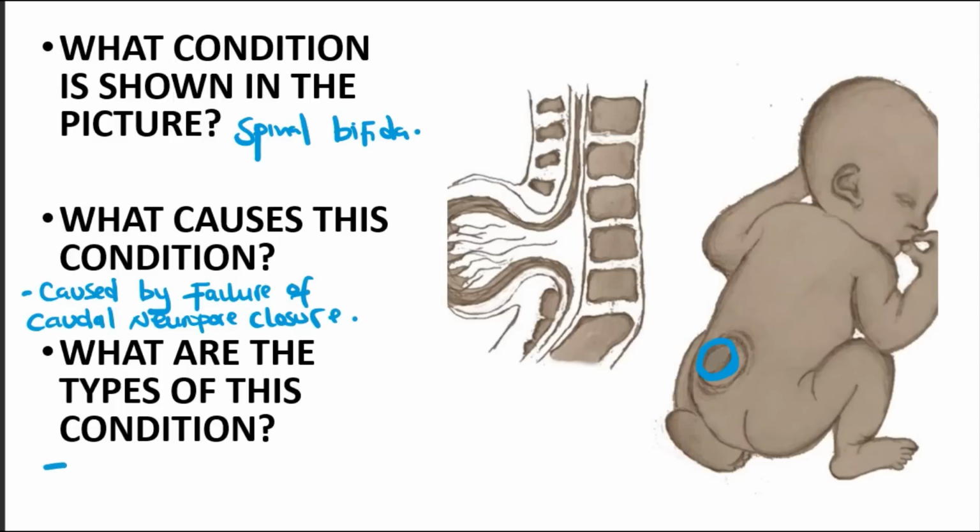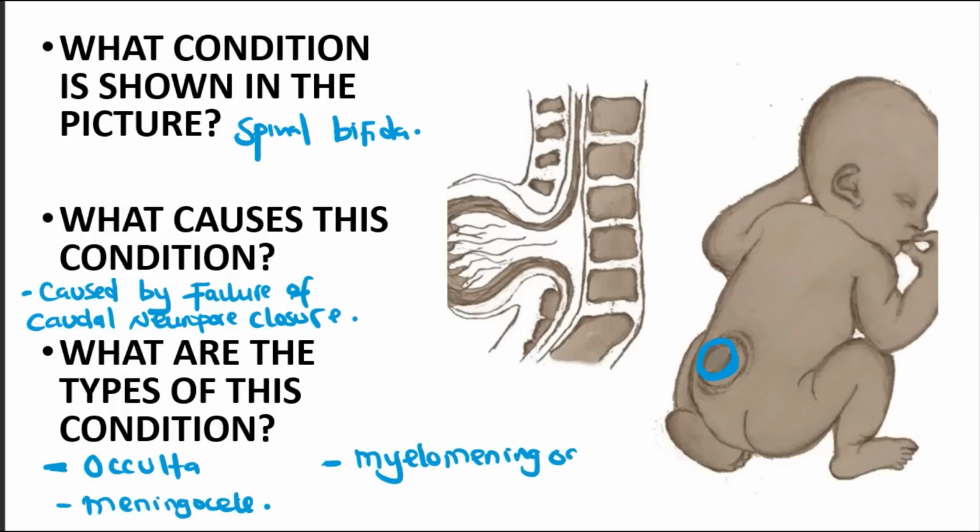What are the types? So the types, you've got spina bifida occulta. You also have meningocele, and you have myelomeningocele. The most common one is myelomeningocele. Let's move on.